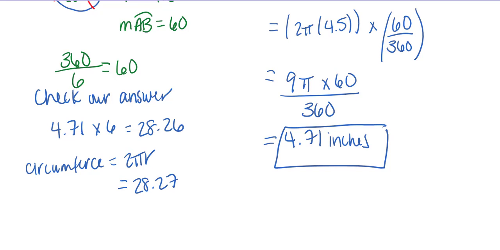They just differ on the hundredth. And the reason is because we did a 4.71 rather than, because we rounded there. So if we didn't round and we kept that really long number and then multiplied it by 6, we probably would have ended up with something very similar to the circumference of 2 pi r. So that's the reason why it differs. But you can see how this little arc length, if we multiply it by all the other arc lengths, we get the full circumference.